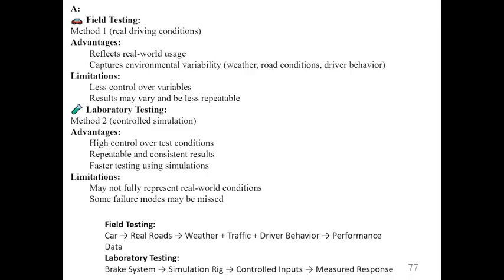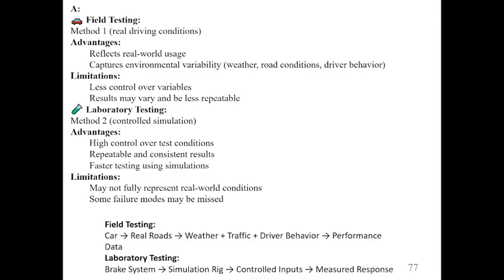However, it also introduces variability, making it difficult to control conditions and repeat tests consistently. And we have another test, laboratory test. In contrast, laboratory test is performed in a controlled environment using simulation equipment, and you can precisely control variables such as speed, load, and temperature, which allows for repeatable and consistent experiments.